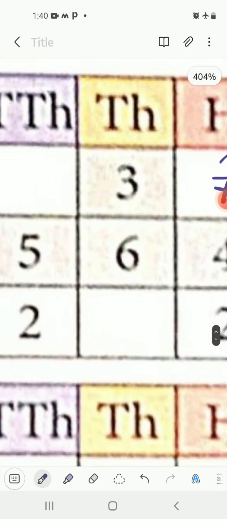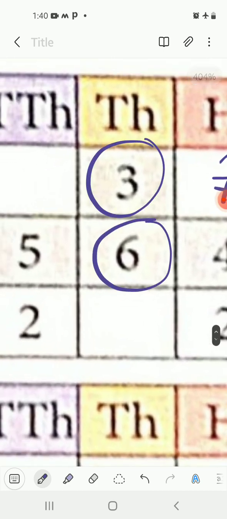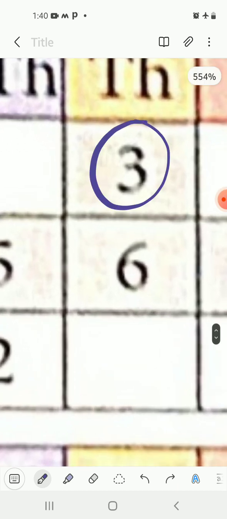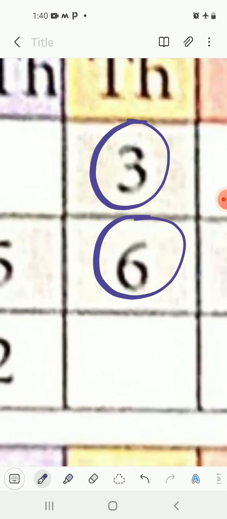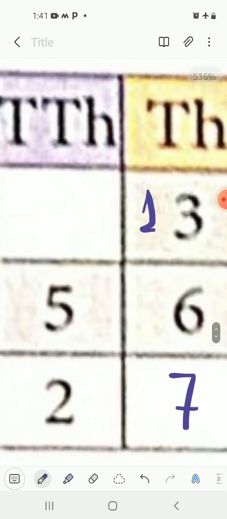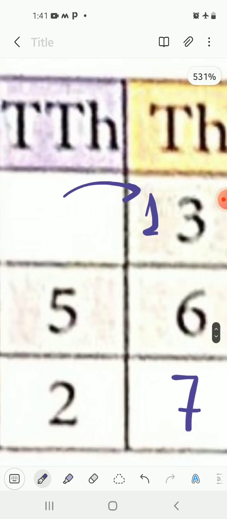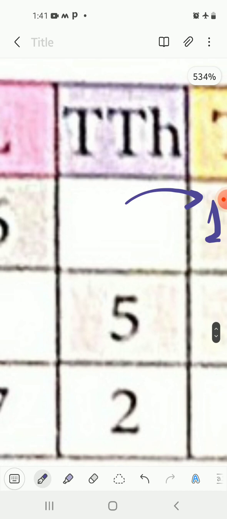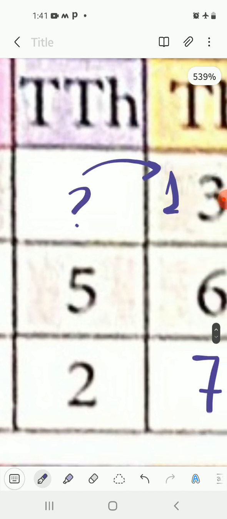Now come here, 3, 6, which means minuend minus subtrahend, it is the difference. So we have to do 3 minus 6. The number is not possible. We will assume this to be 13. So 13 minus 6 will be 7. So we'll write 7 here. Again, this one we have got from the previous number. Again, the minuend is missing.